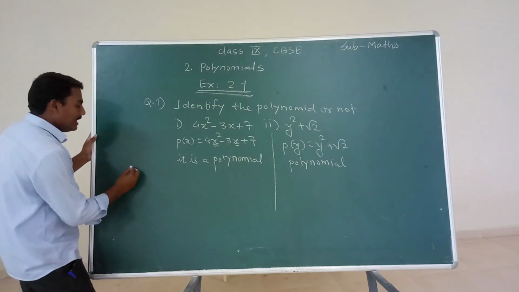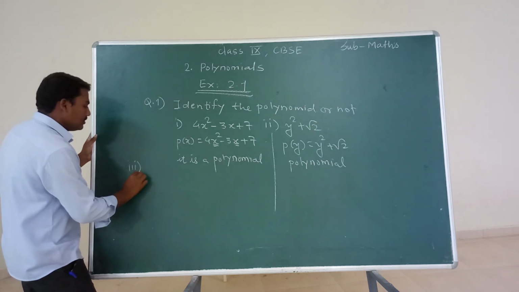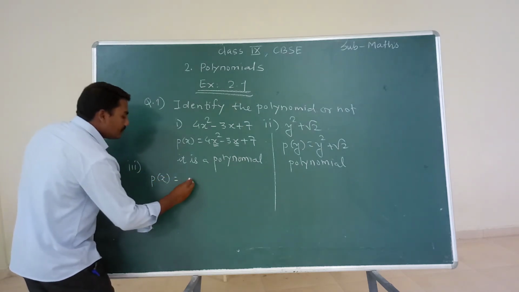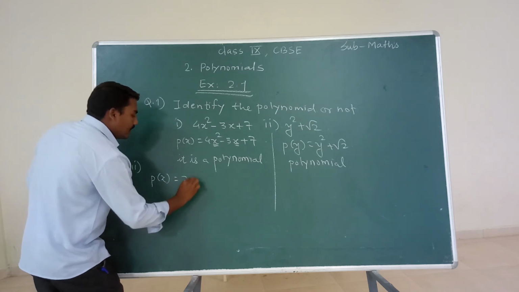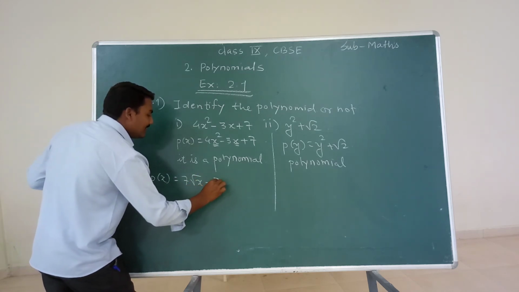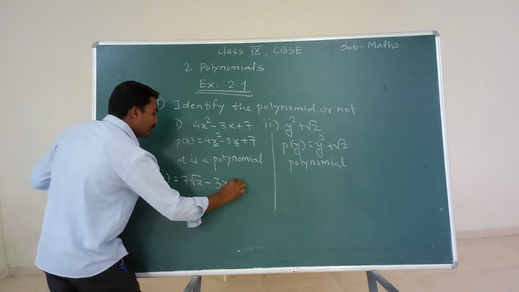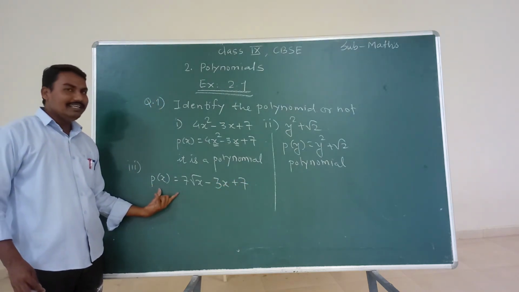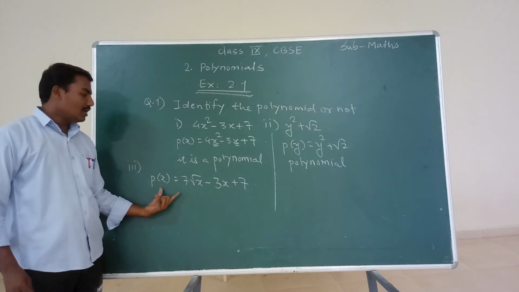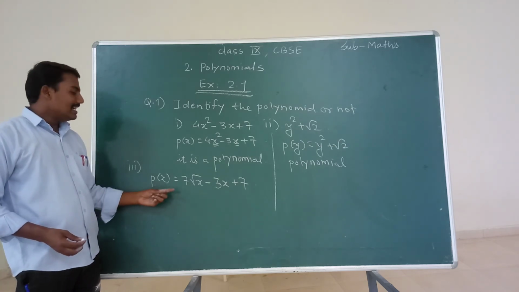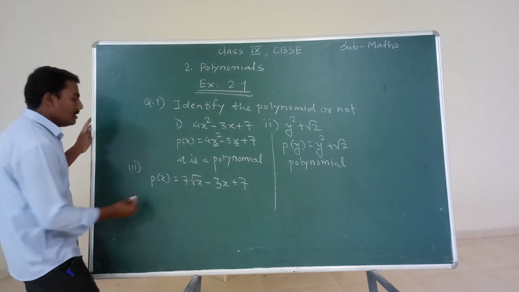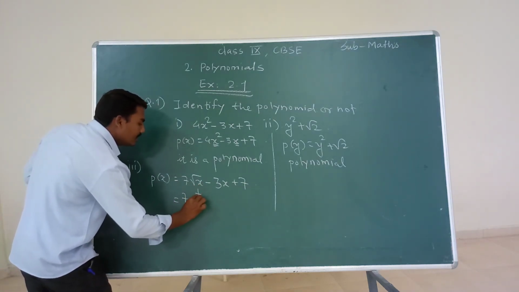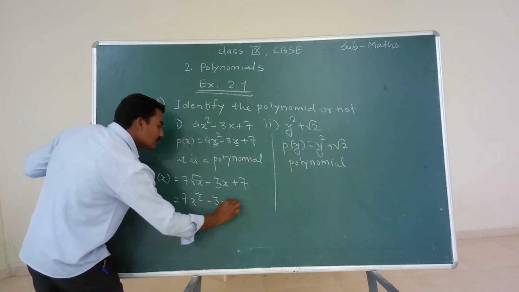But if I take a third example, p of x is equal to 7 under root x minus 3x plus 7. Suppose I want to comment whether it is a polynomial or not. I definitely say that it is not a polynomial. Why? Because the power of x, under root means x raised to 1 by 2, minus 3x plus 7.